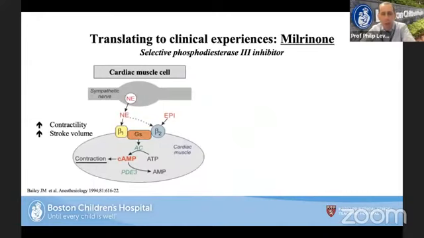Here is a real-world example. Many people use the medication milrinone for two reasons. It helps with contractility and increasing stroke volume by blocking the phosphodiesterase 3 receptors in the cardiac muscle cell.